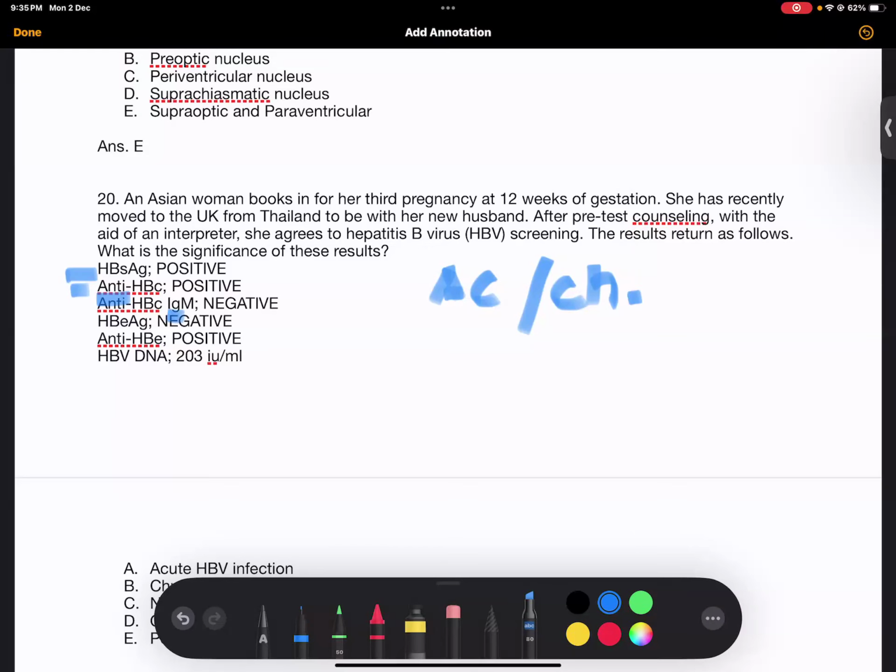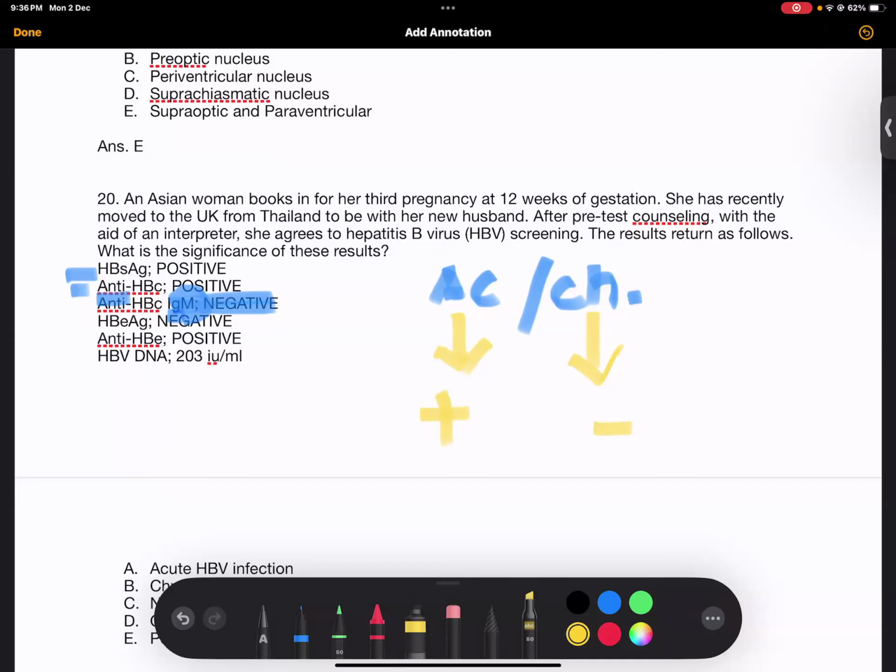Basically, this IgM is your differentiating part in acute and chronic. When this IgM is positive, then it is acute, and in chronic, it would be negative. Okay, so this would be the differentiating point of acute or chronic. And this HBe antigen is negative.